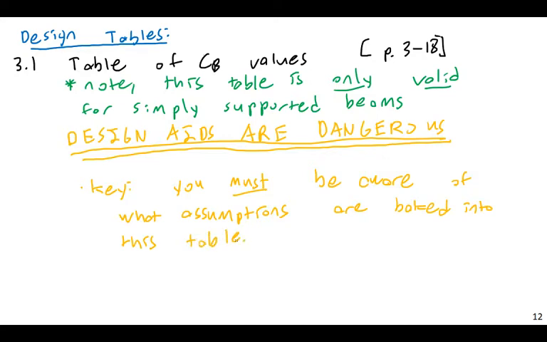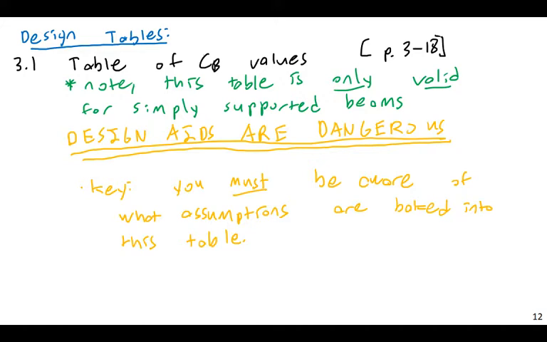If you're not, you're going to have a bad time. In other words, you're going to calculate the moment capacity wrong. Now, this could go either way. You could end up vastly overestimating or vastly underestimating a beam's capacity, and really each of those are bad.